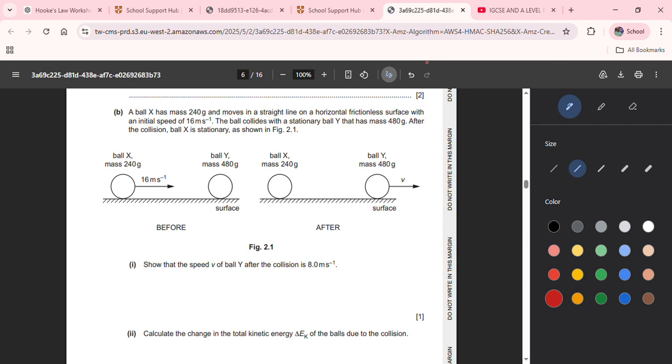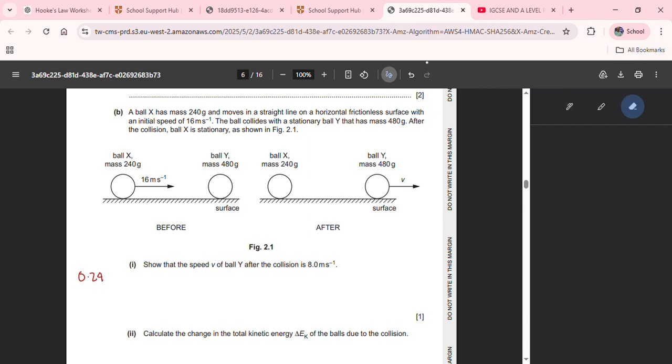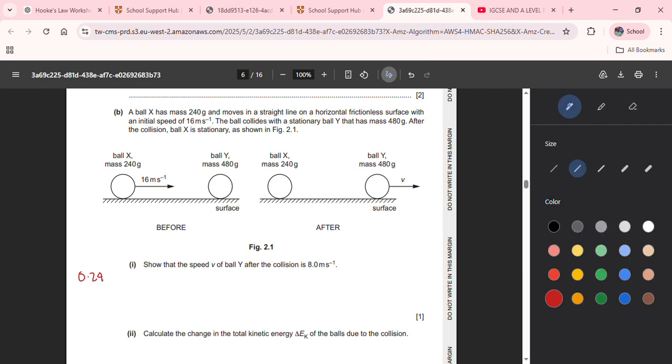So mxvx, where mx is 0.24 kg, so we don't use the unit here, times the velocity, which is 16, plus the Y, which is stationary, which is 0, is equal to py, which is myvy.